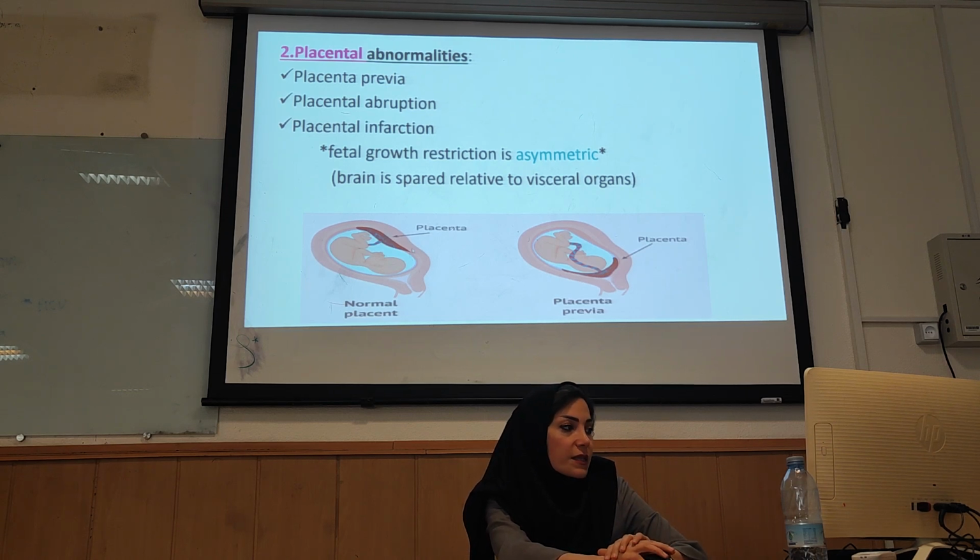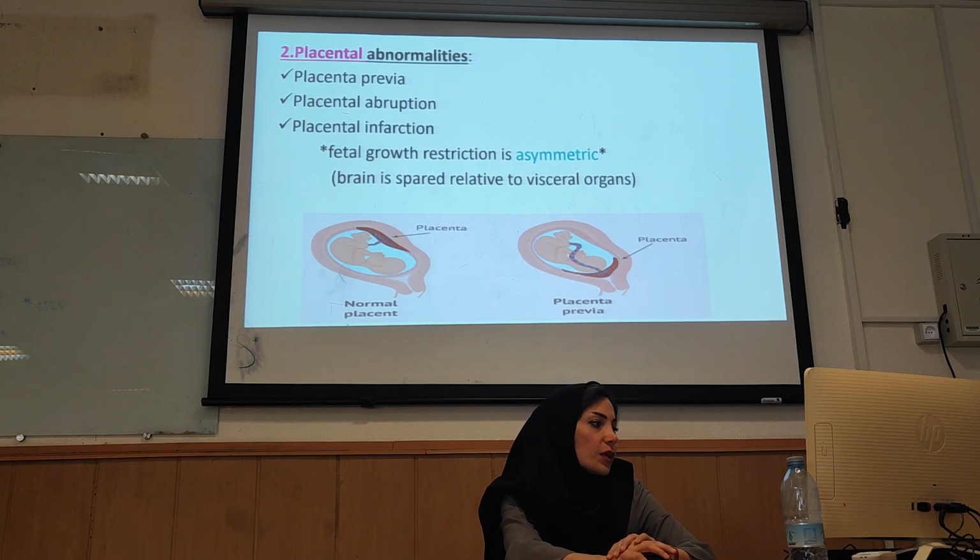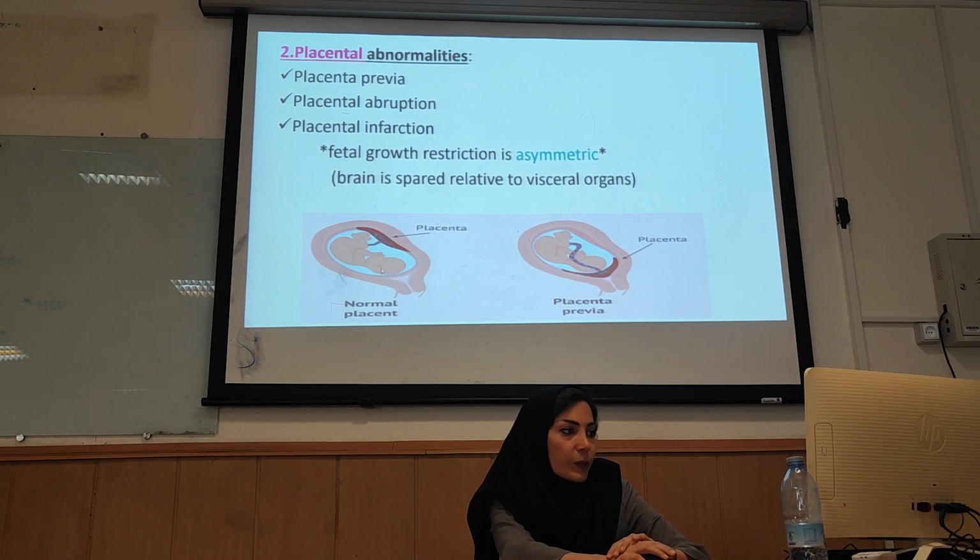Compare it to the normal position of the placenta you see in this photo. This is placenta previa.